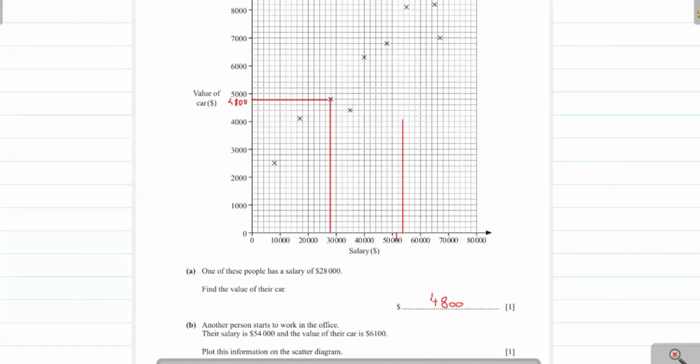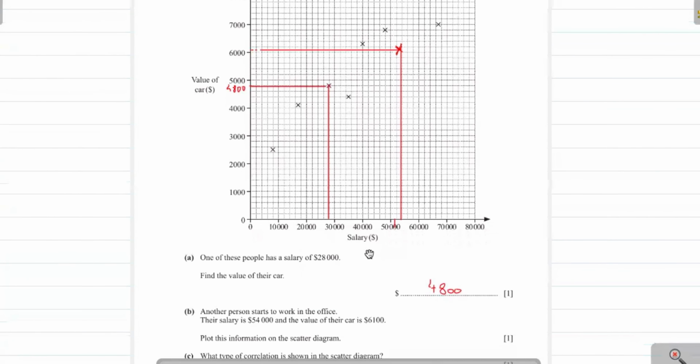This cross shows the position against the 54,000 and 6,100, the value of the car. Now we mark all the other crosses here. These are the crosses. This is the first part, and this is the second part of the question.